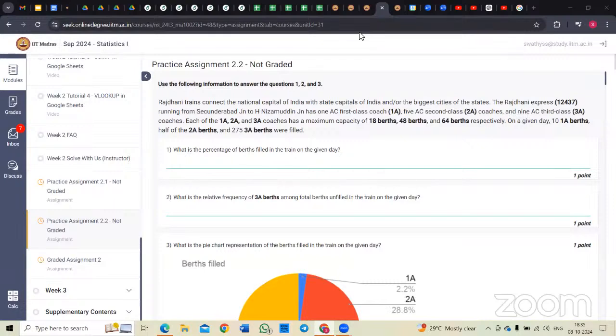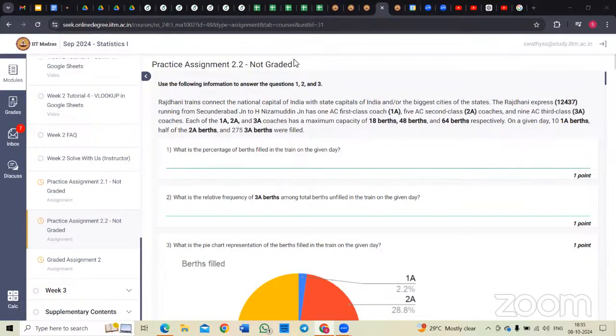First of all, we have to verify that 18 berths are there in first class and 10 are occupied. With that, you have to calculate the percentages and everything. Like that, in the second also, after multiplying with the concerned value, you have to total how many berths are there, how many are filled and how many are unfilled.